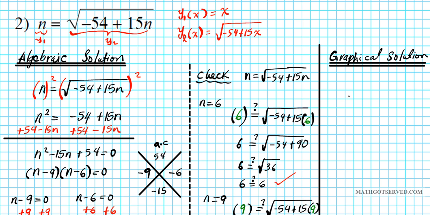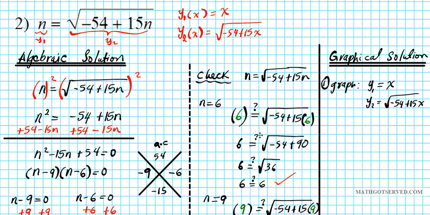All right, so steps are as follows. First of all, we're going to graph the two functions. In the y1 field, we're going to enter x. And then in the y2 field, we're going to enter the square root of negative, not minus, so we have to be careful with that. Negative 54 plus 15x. All right, so enter these two in the calculator.